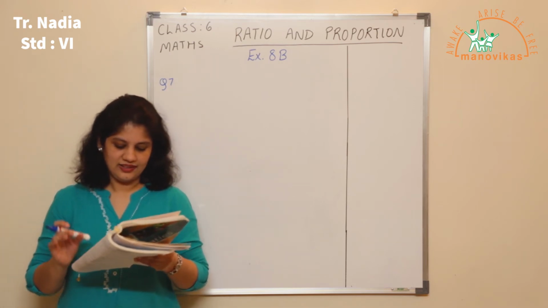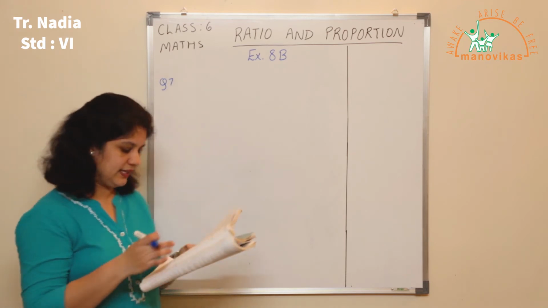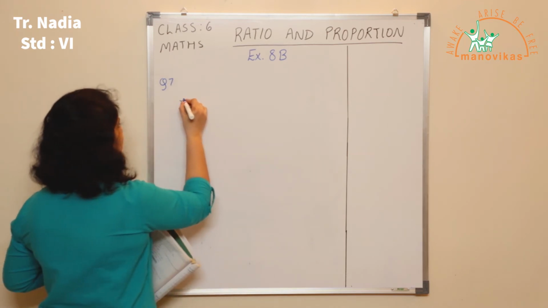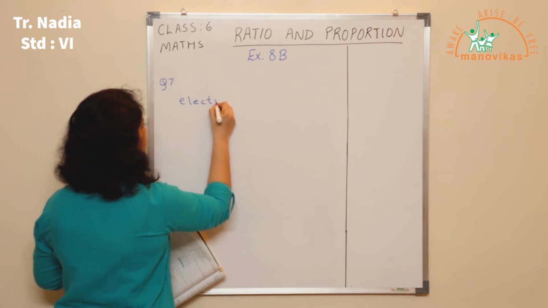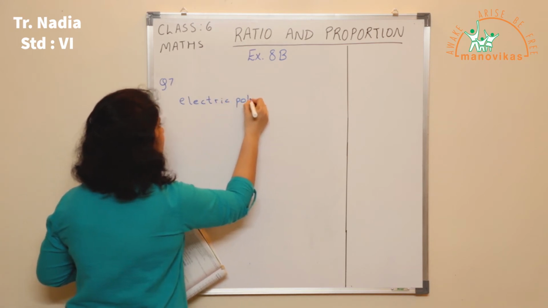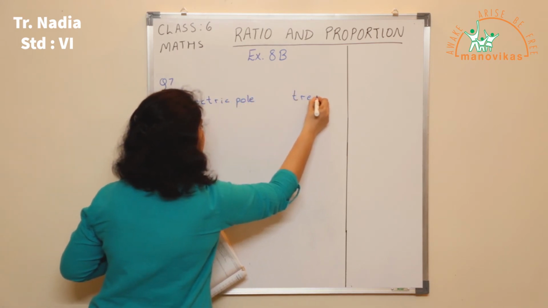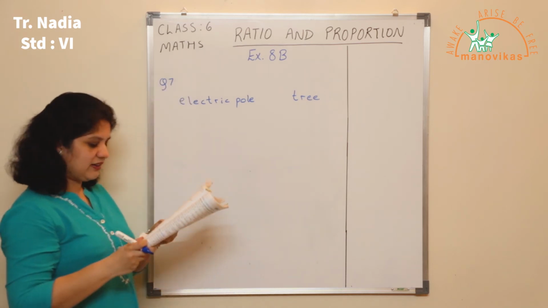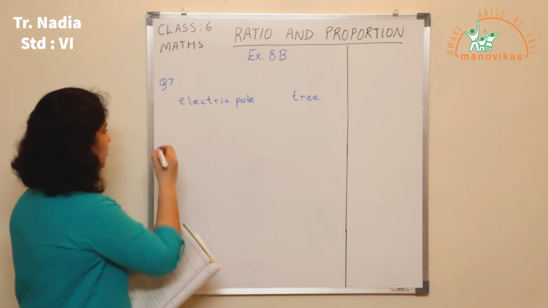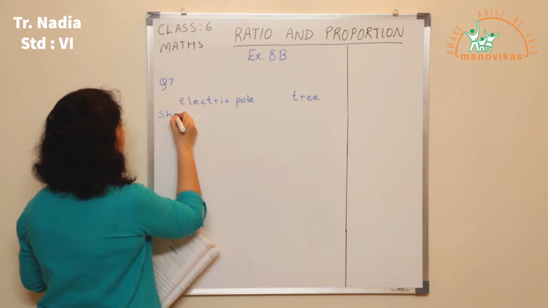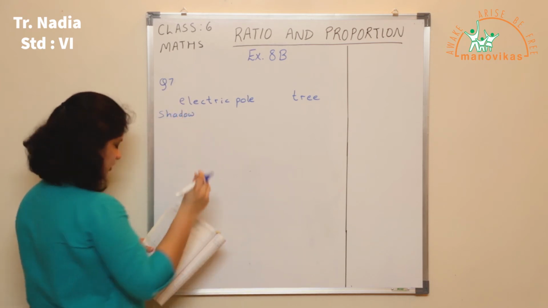So we are given the length of the shadow cast by the electric pole. We have an electric pole here and a tree here. Now the electric pole is casting a shadow. Let us first take the length of the shadow.